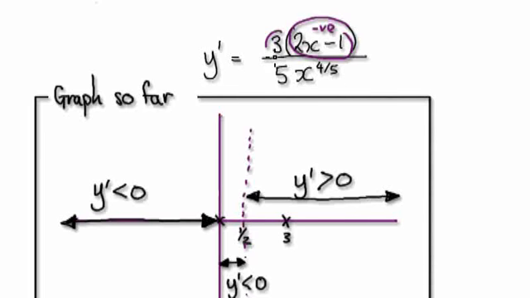Then you times a positive 3, and a negative times a positive 3 is still a negative. So at the top you've got a negative.